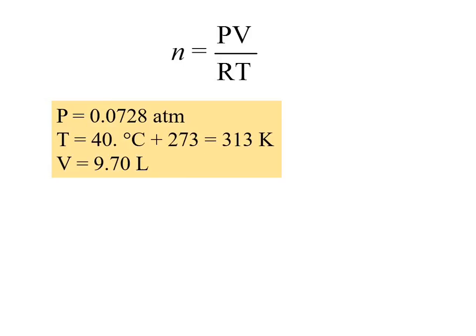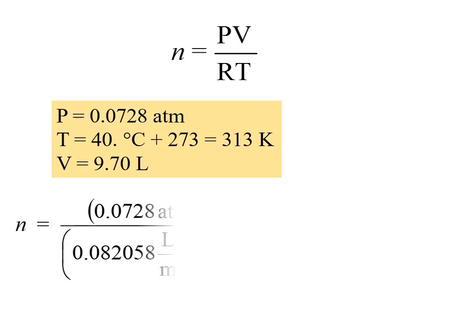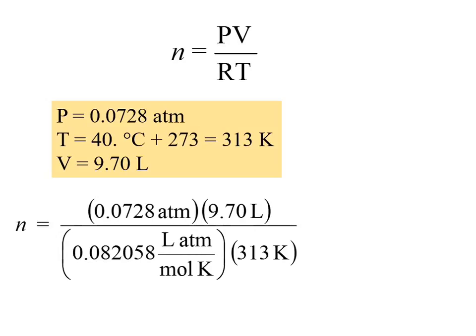The pressure we already fixed is 0.0728 atmospheres. The temperature we still need to fix: 40.0 plus 273 gives 313 Kelvin. Our volume was given in the problem as 9.70 liters. Don't forget your units when you work these out.